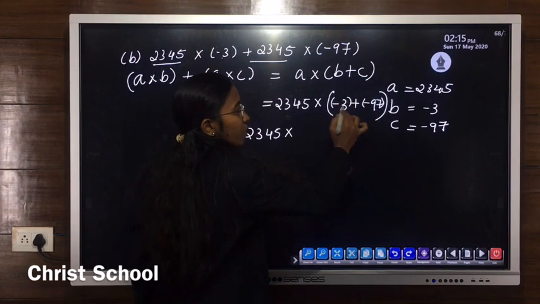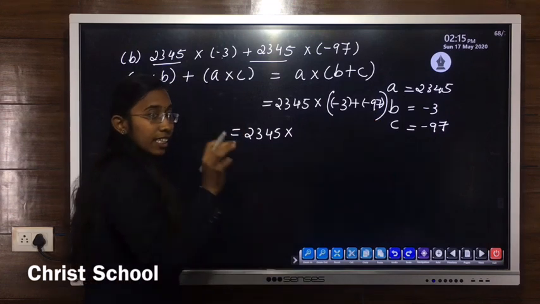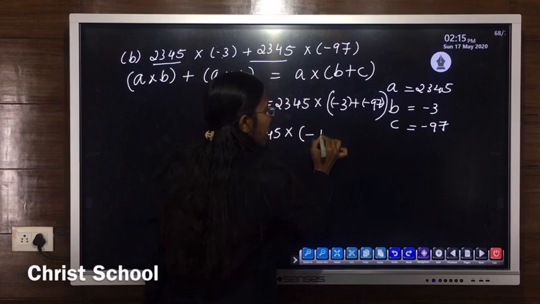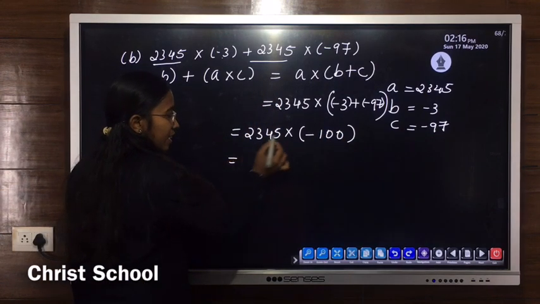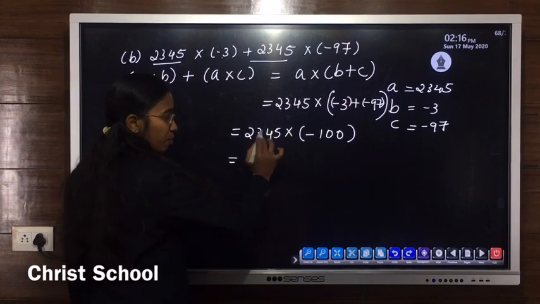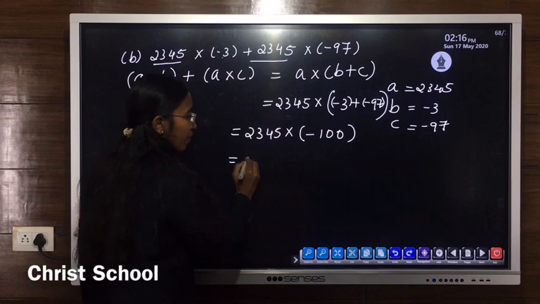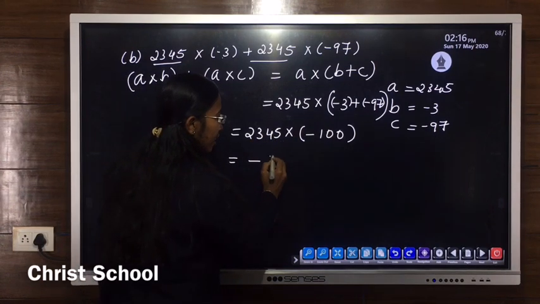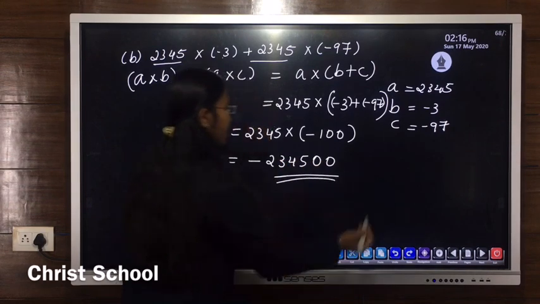The addition of two negative numbers means we add the numbers and put a negative sign. So the answer is minus, 3 plus 97 is 100, minus 100. This is the multiplication of one positive number and a negative number, so this is unlike integers. So our sign is always negative. 2345 into 100. So this is the answer.